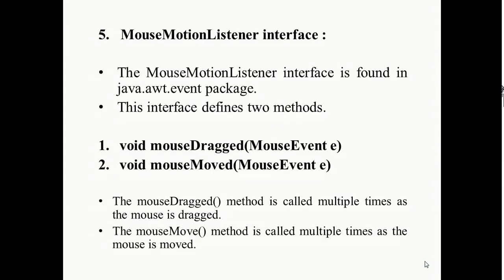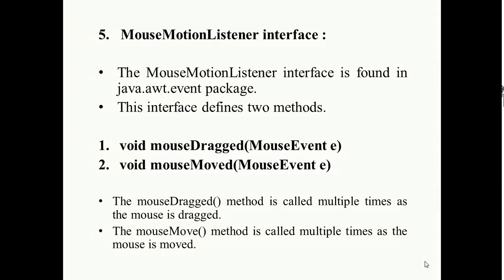The next listener interface is the mouse motion listener interface. The mouse motion listener interface is found in the java.awt.event package. This interface is used for handling the mouse drag and mouse move events.